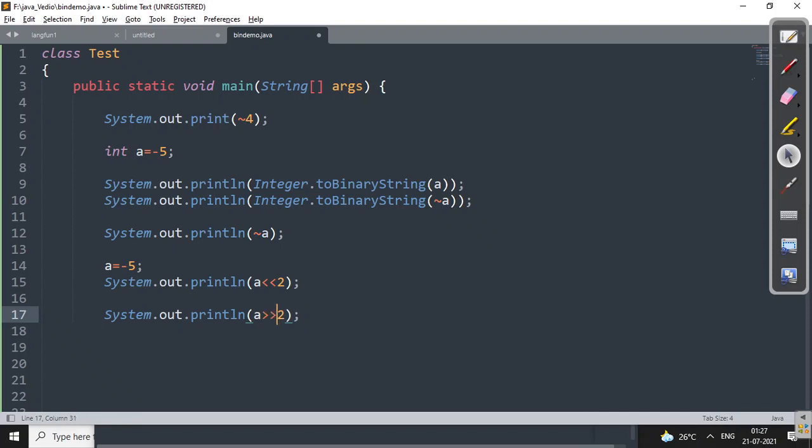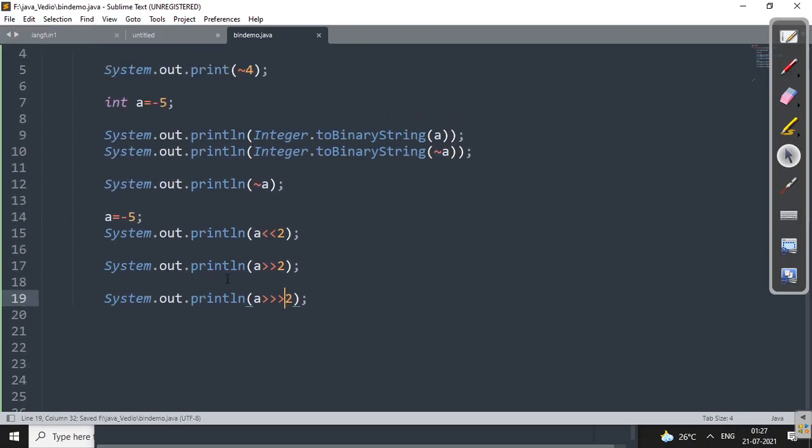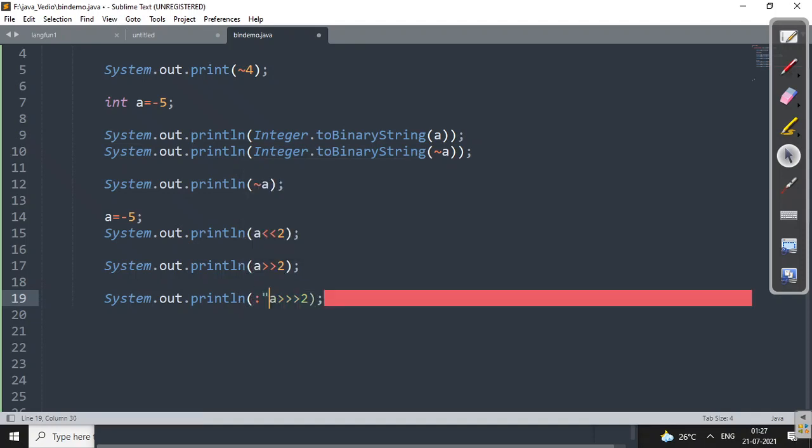And the next one will be the same, but instead of only right shift, I'm going with unsigned right shift. If you want to write something, we can write unsigned, or we can write A with 2 plus, if you want to check.